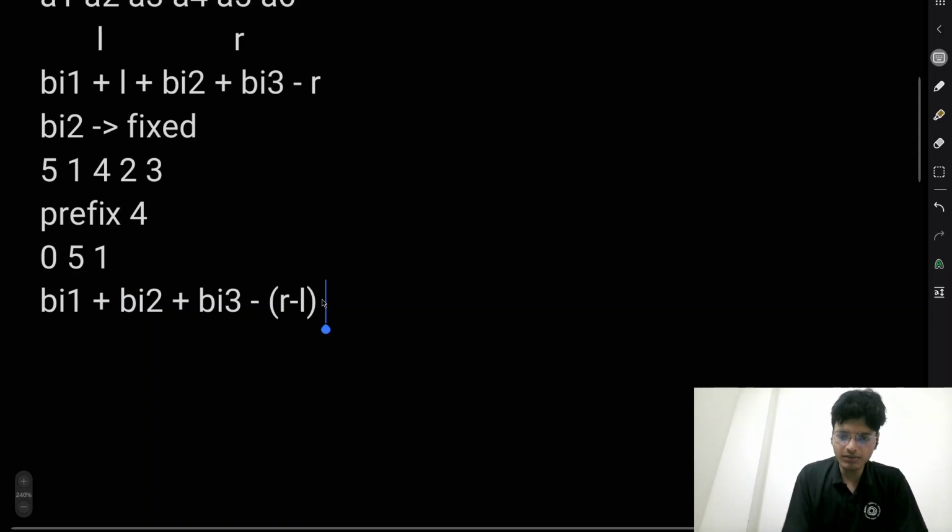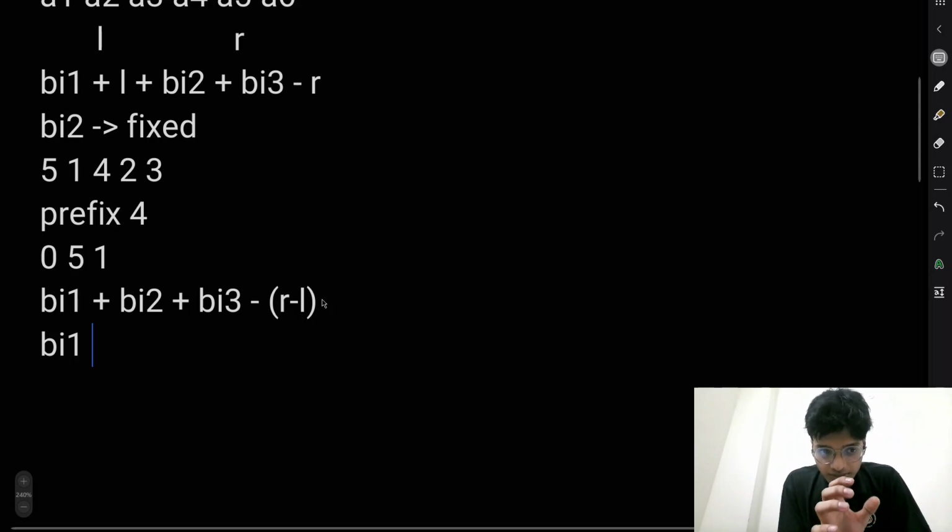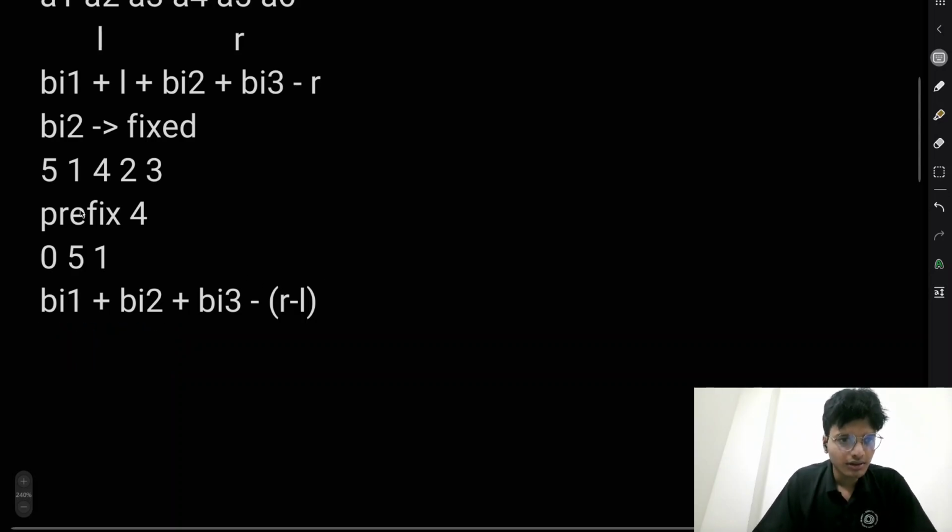So what we can do is B of I1 distance from B of I2. Let me explain it more clearly. If we are at this zeroth index, then we need to choose the second site that is maximum for the zeroth index.